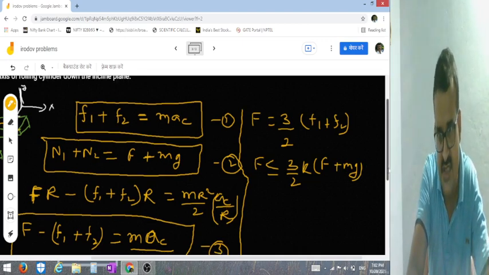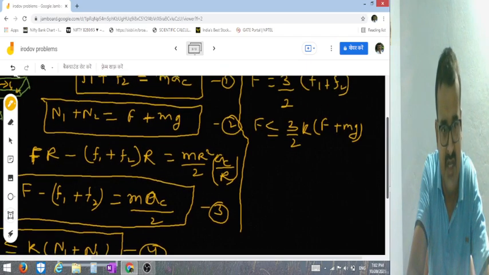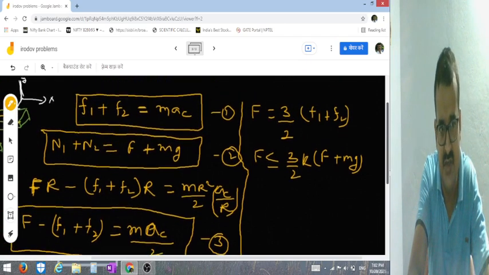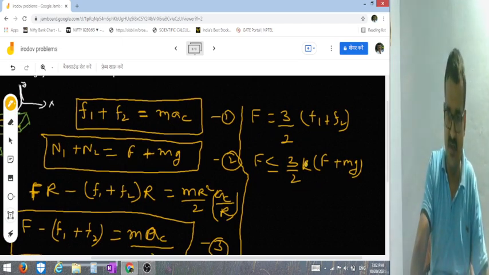I have used equation number 4, and the values of N1 and N2 I am substituting from equation number 2, and that's why I am getting this value.